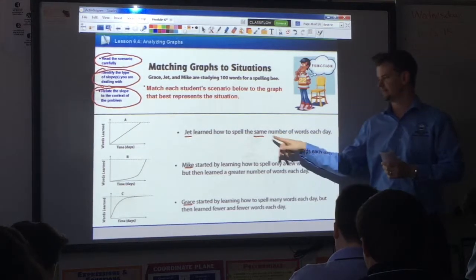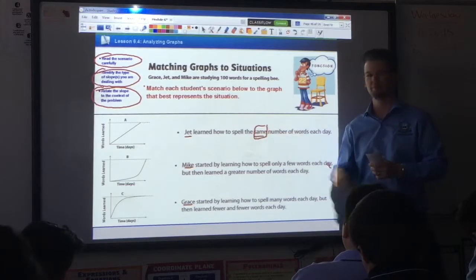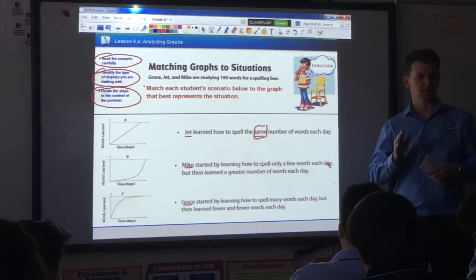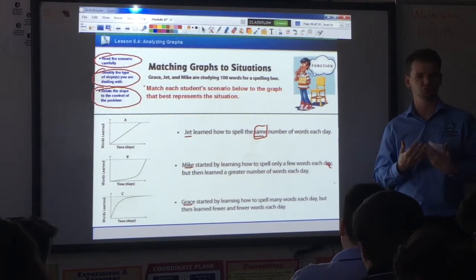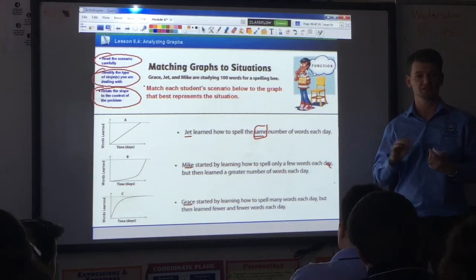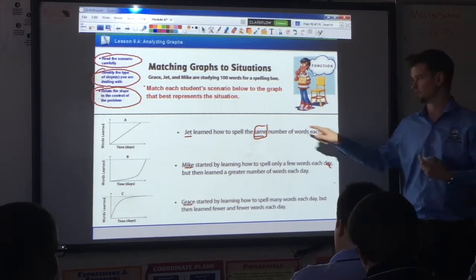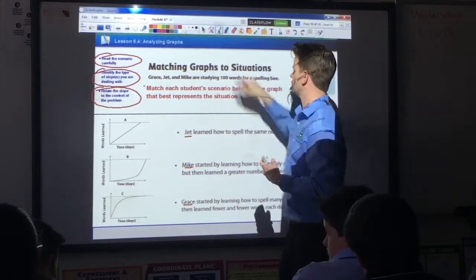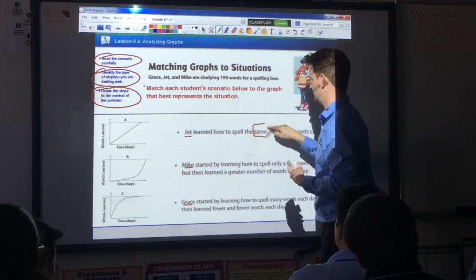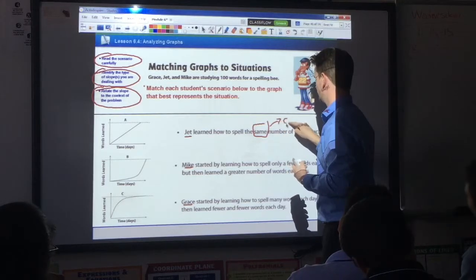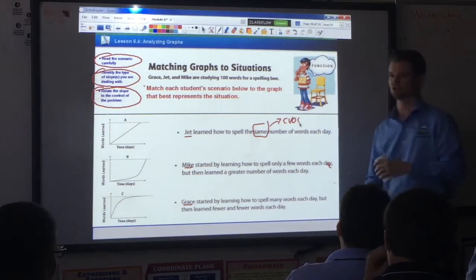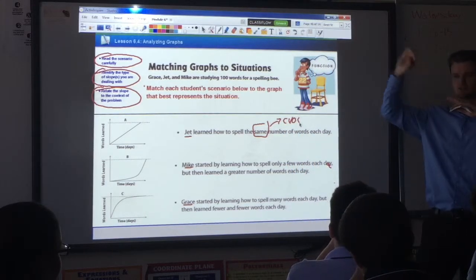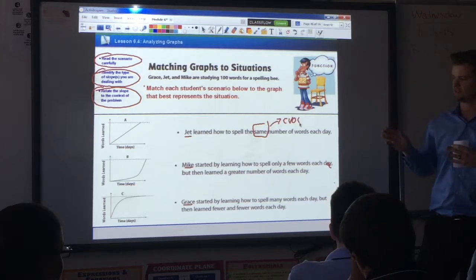When I see this key word right here, same, that means I'm going to have a constant rate of change. So that leads me to believe that I'm looking for a graph that represents a linear relation. It's going up by the same number, constant rate of change. So I look at these three graphs.